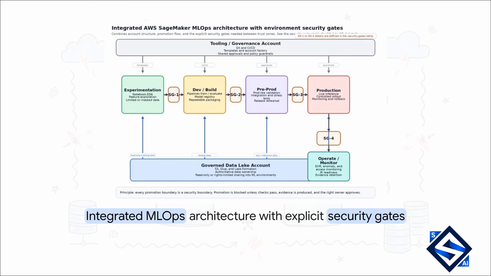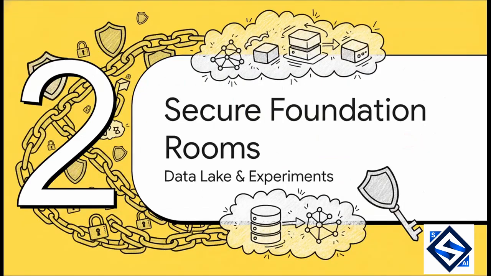Notice those little security gates, SG1 through 4. Those act as our badge scanners between the trust zones. See, the path a model takes isn't just about moving code around. It's about moving from low-trust environments up to the highest trust environments, and that requires solid evidence and strict approvals at every single step.